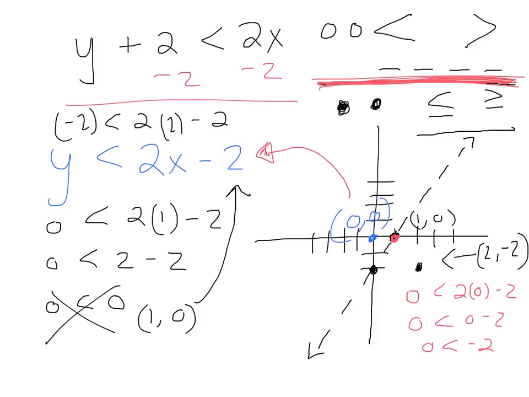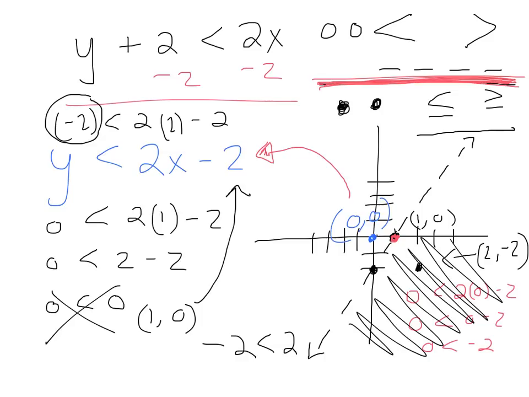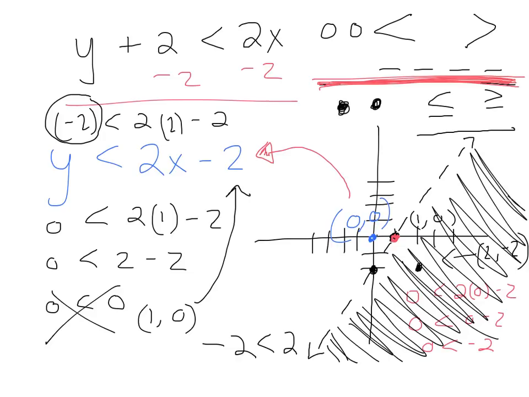You can see that on the left you have a negative 2, and on the right you have 4 minus 2, which is 2. Is negative 2 less than 2? Of course. So since a point worked that's on this side of the line, you shade this side of the line. All the points that are on the right side of this line would work for this original inequality in blue.